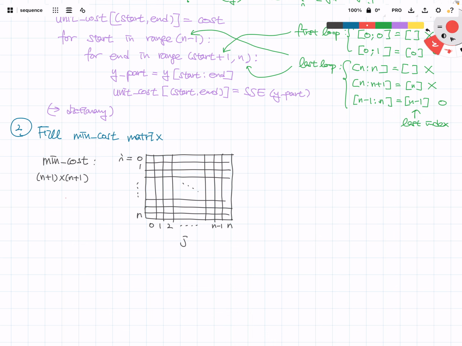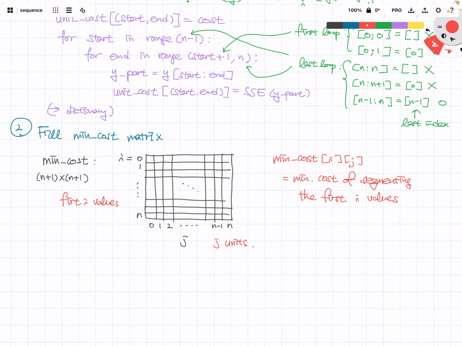And i means the first i values, j means j units. So each element of the minimum cost matrix is the minimum cost of segmenting the first i values.